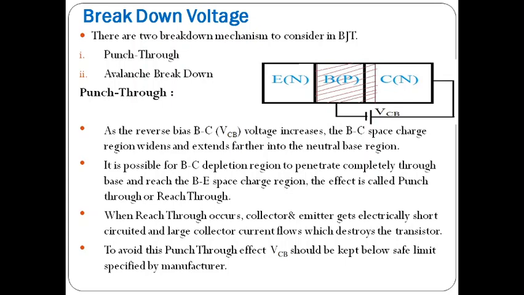By increasing the reverse bias voltage at the collector to base junction, the depletion region penetrates more into the base and touches the emitter. That means the emitter and collector are electrically short circuited. Then a large collector current flows in the BJT, which will destroy the transistor.